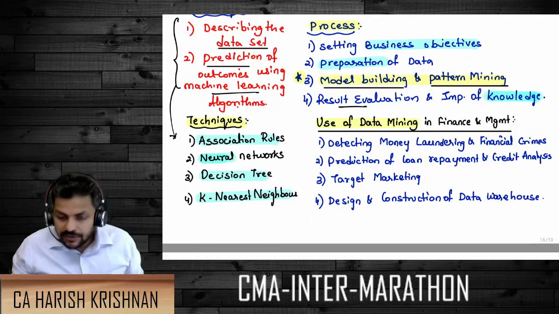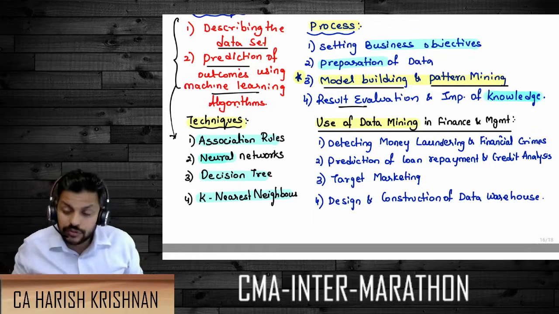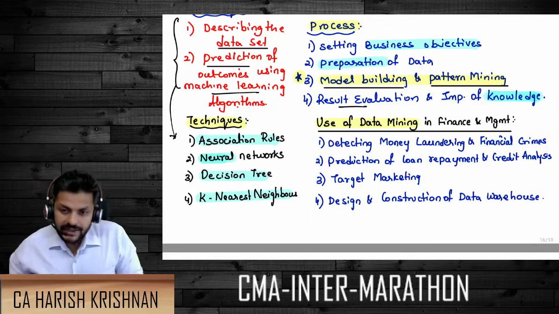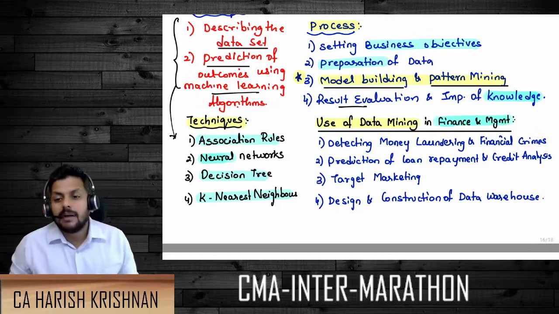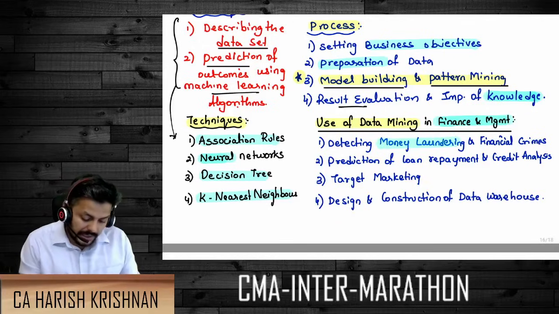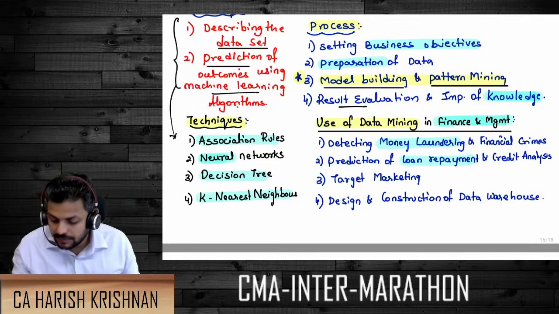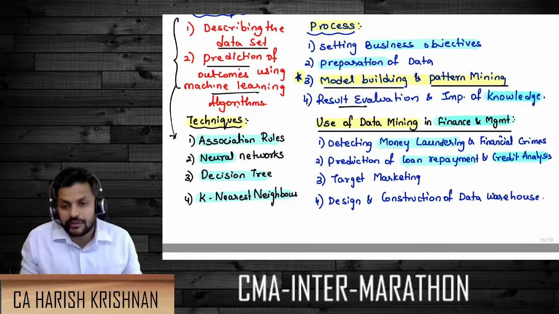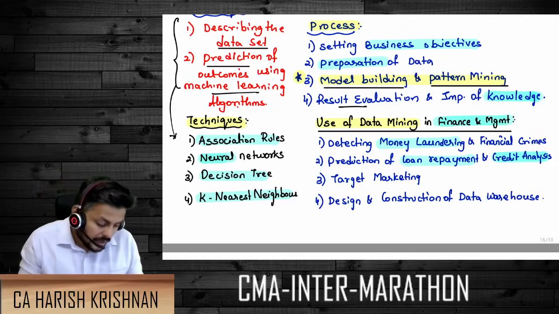Now sir, can you please tell us where data mining is used in our syllabus? I mean, in our context, we are all students of finance, so where is it used? Yes, in finance and management, data mining today is used in detecting money laundering and financial crimes. Loan repayment predictions can be made, as to which account will make loan repayment and which account will default. Also credit analysis or credit score analysis can be done.